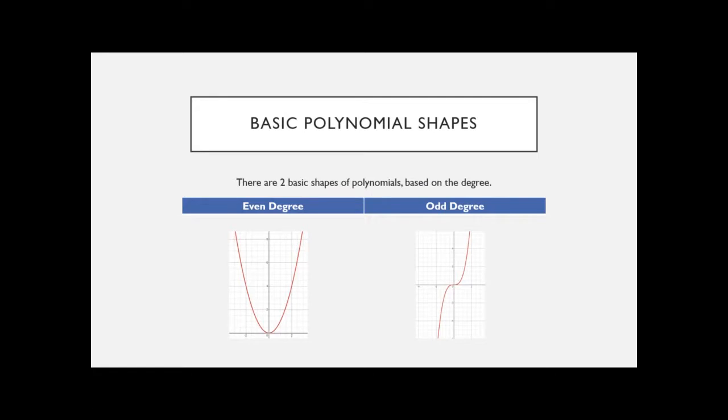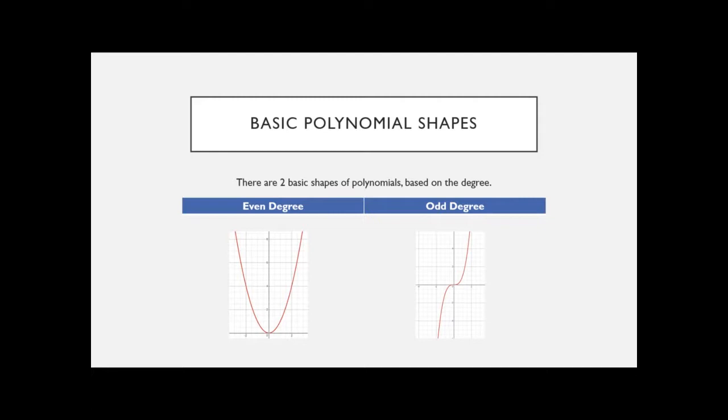So with polynomials, we have 2 basic shapes, and everything goes down to these 2 basic shapes at some point. So we've seen a quadratic, which we called a parabola, and that is on the left here. It has an even degree, which means that it's degree 2. That's the highest exponent on a quadratic, and 2 is an even number.